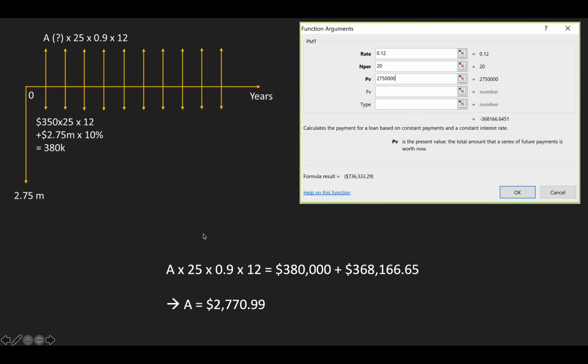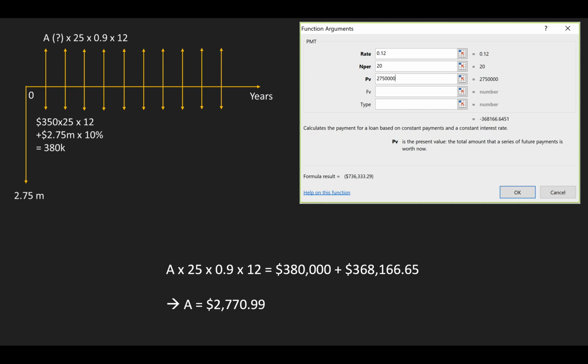So this is inflow, this is cost. We want this one at least to be this big so we can break even. So this part needs to be equal to this part. And we add this together and divide by all this number. Then we find that for each month, we want to charge $2,770.99. Right, that's going to be our rent per unit.